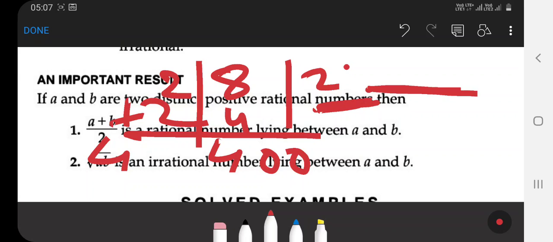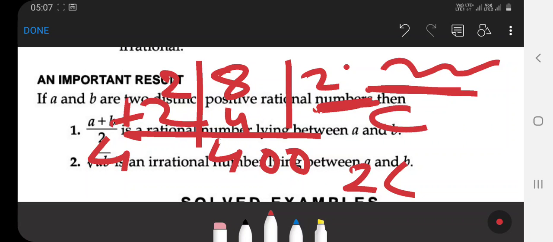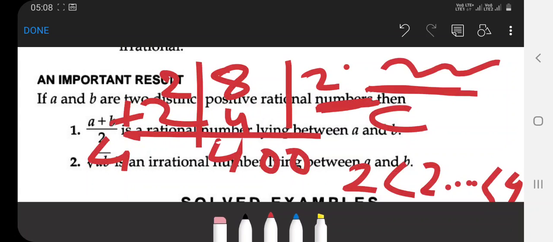Clearly, 2 point something is greater than 2, and 2 point something is less than 4.